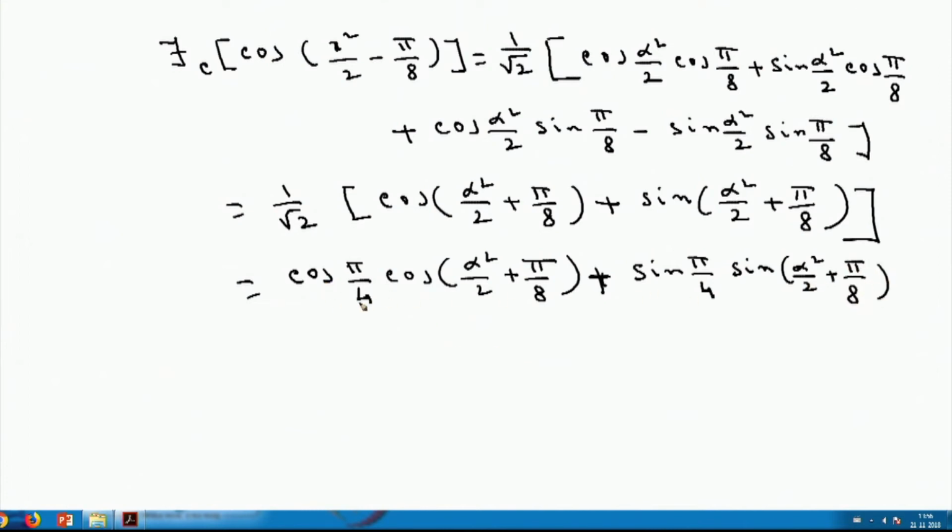So, 1 by root 2 in one place I am replacing by cos pi by 4, and in other place I can write it as sin pi by 4. So, basically cos A cos B plus sin A sin B format.